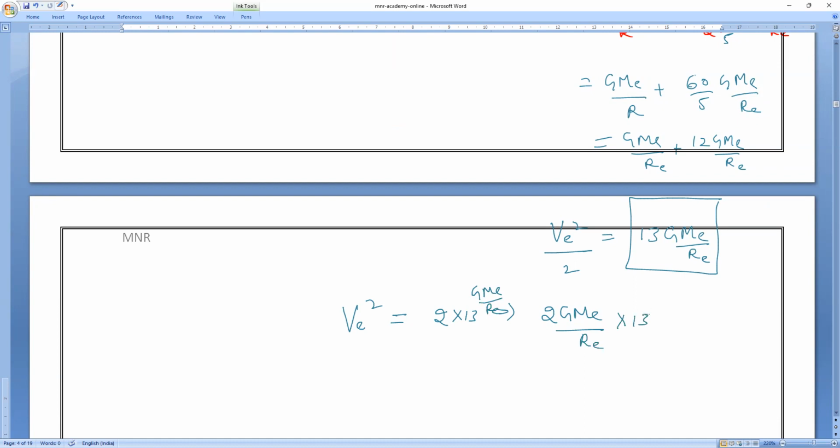Let me take the square to this side, it will become a root. So root over 2 GM divided by R into root 13.